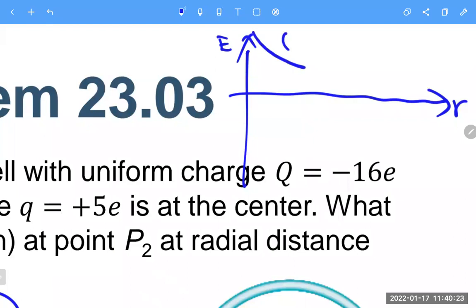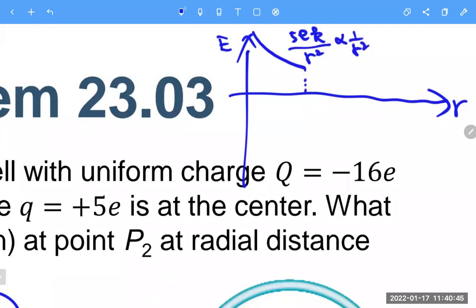So this is 5ek over r squared, which means it is inversely proportional to r squared.